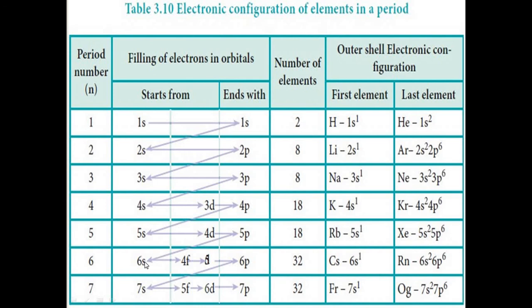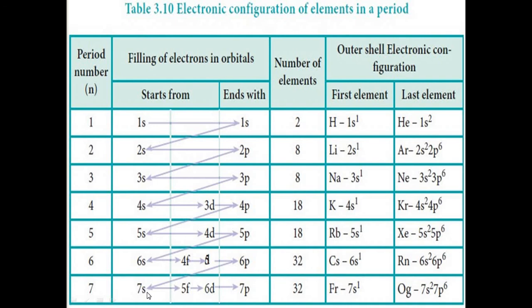Whereas for 6s to 4f, then 5d, and here is 6p. So it has 32 elements.